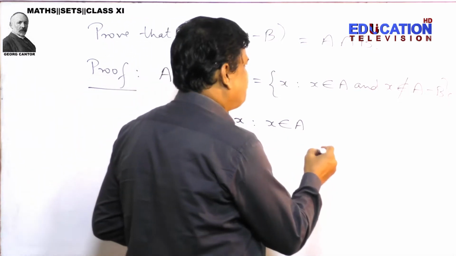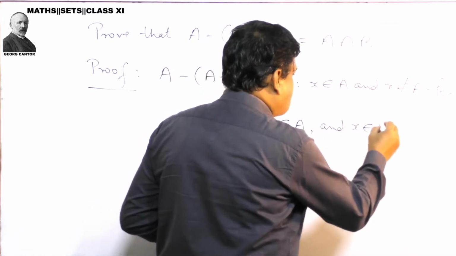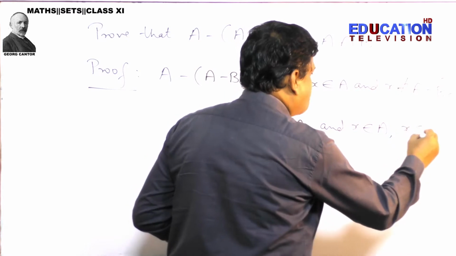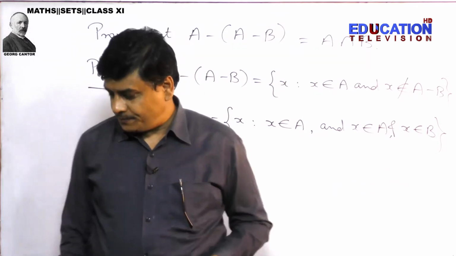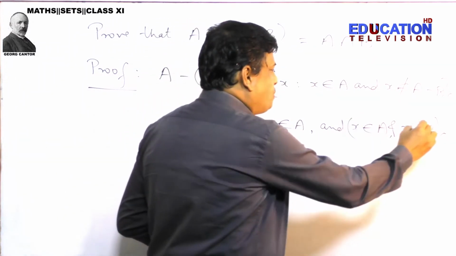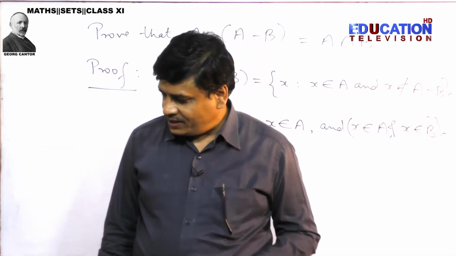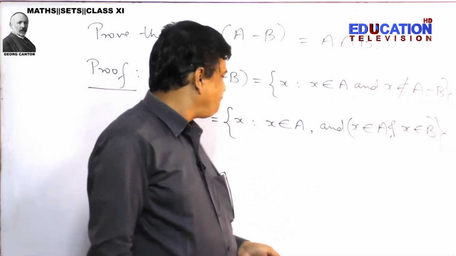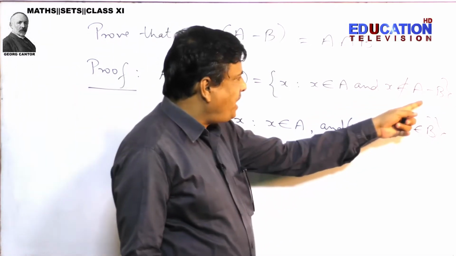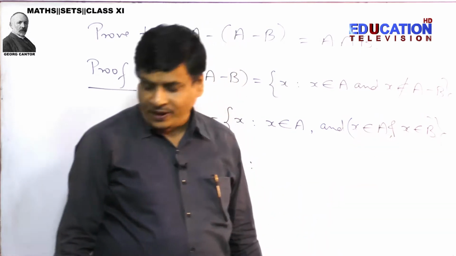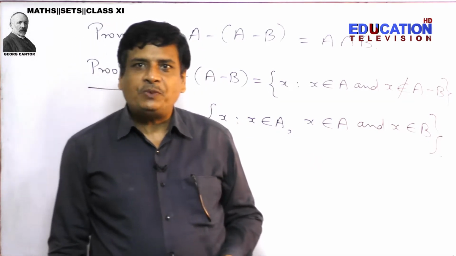x belongs to A and x belongs to B, x belongs to both sets. x does not belong to A minus B means x belongs to A and x belongs to B. I will make it clear with the help of an example. If x is not in A minus B, then x is an element of both sets.